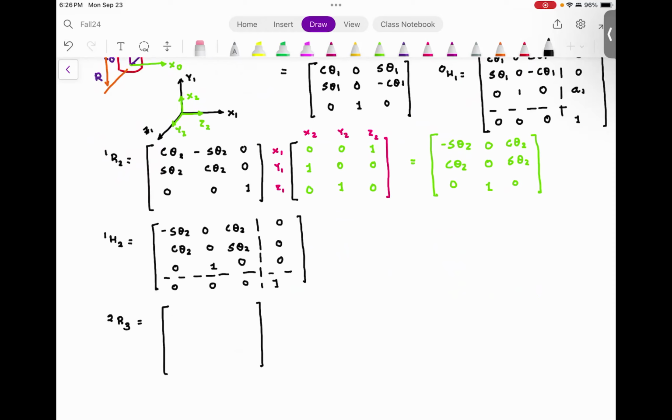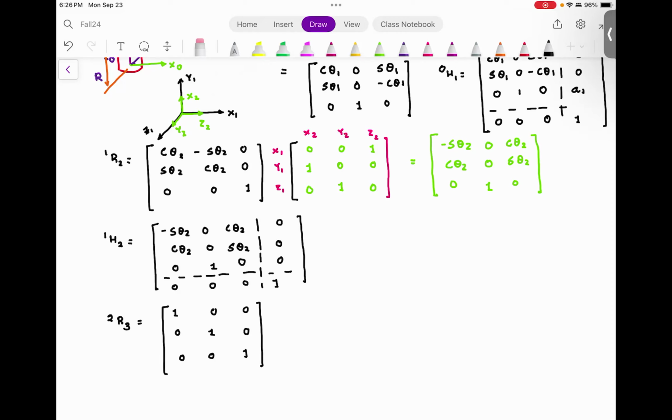So which means what you can do is write 1 0 0, 0 1 0, 0 0 1. Why is that? Because there is no rotation, there is no hinge joint. Everyone understood this?